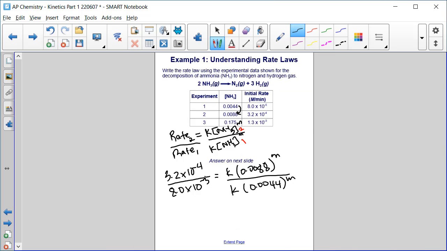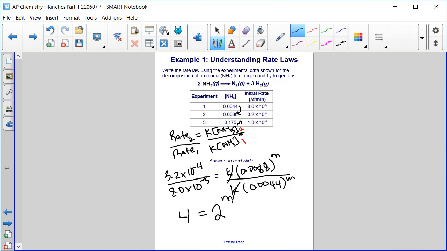Now we can do some simplification. 3.2 times 10 to the minus 4 over 8.0 times 10 to the minus 5 is equal to 4. These k's cancel, and this simplifies to 0.0088 divided by 0.0044, which is 2, to some power m.